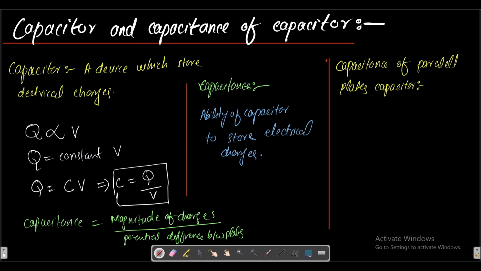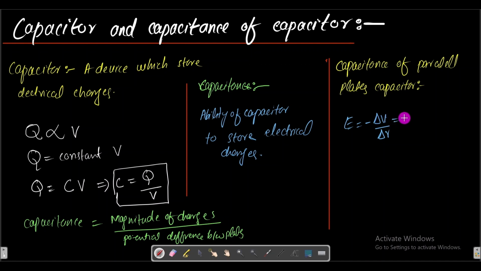we know the formula for the strength of electric field between the plates of the capacitor, which is given by E is equal to the negative gradient of the potential. This is the strength of electric field present between the plates.